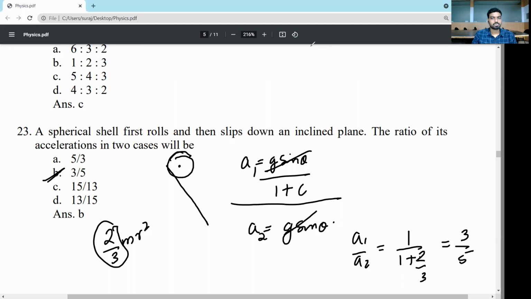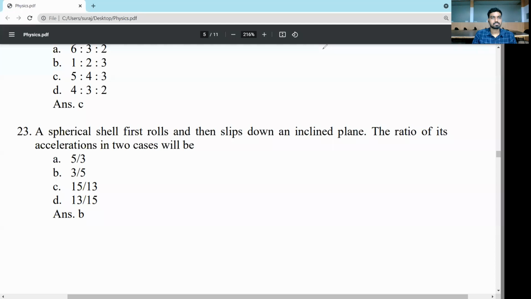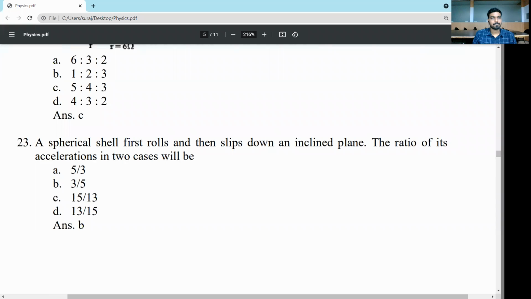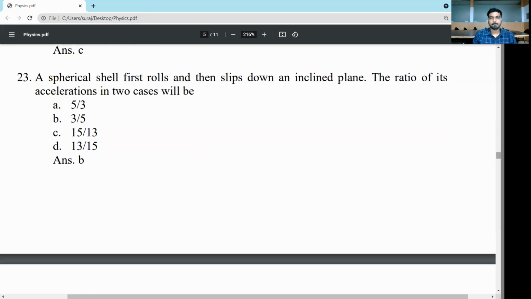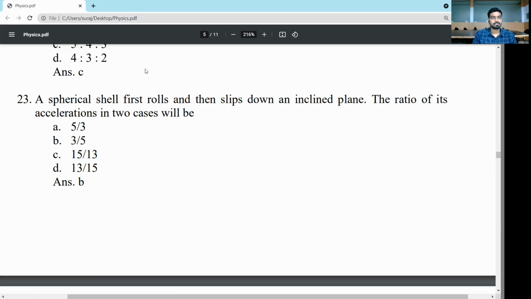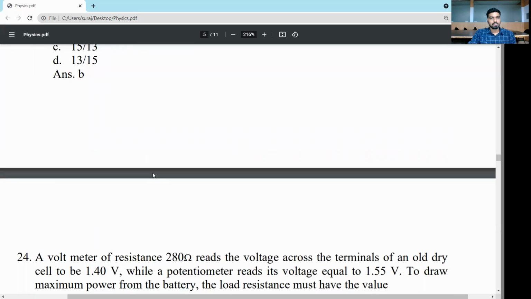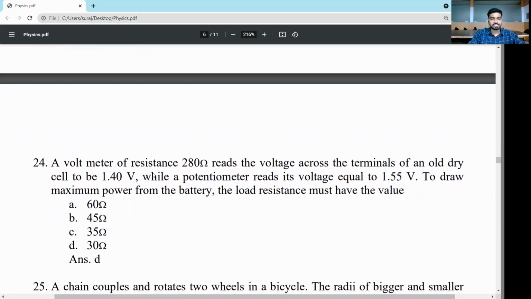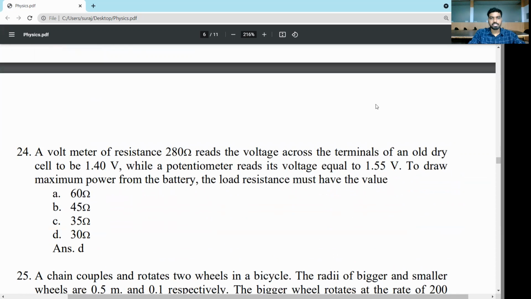Next, question 24. A voltmeter of resistance 280 ohm reads the voltage across the terminals of an old dry cell to be 1.40 volts.